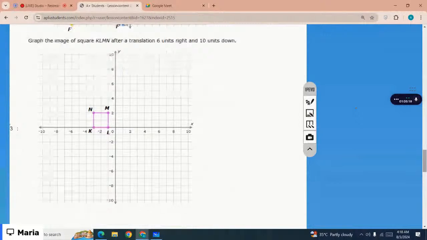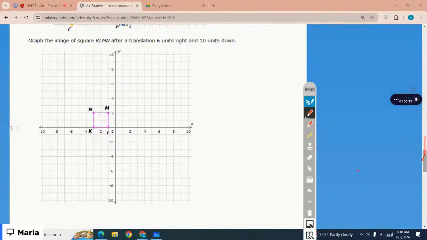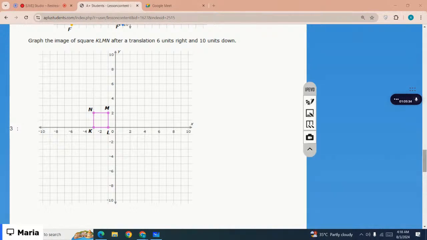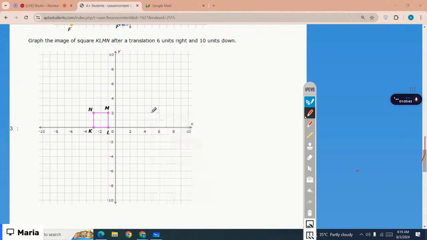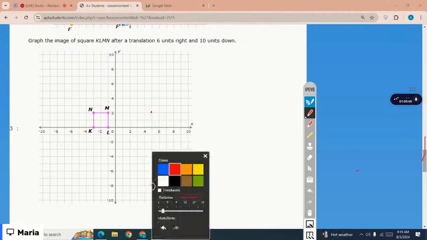Okay, graph the image of square KLMN after a translation 6 units right and 10 units down. So you have to move them 6 units right and 10 units down. First move right. 1, 2, 3, 4, 5, 6. Here you move right and move 10 down. Here is 10 down.